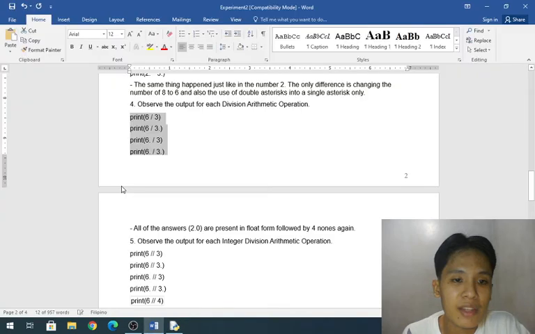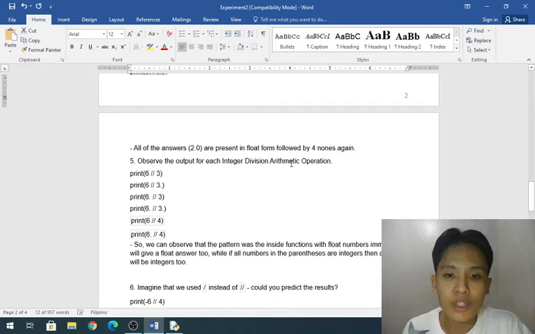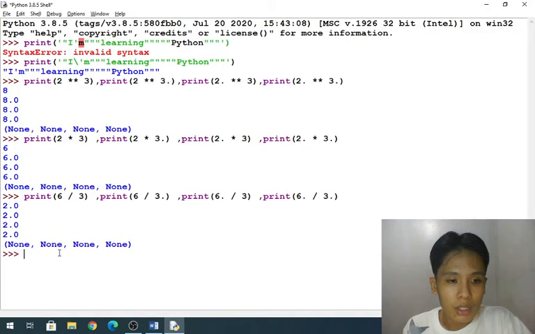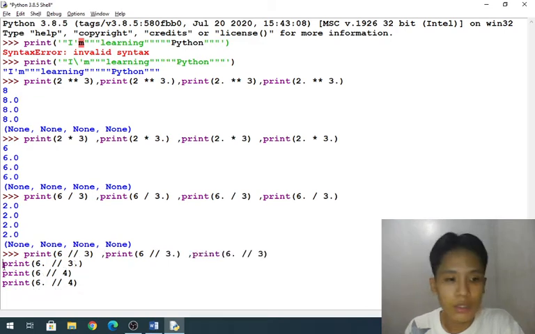Then for the fifth one, observe the output for each integer division arithmetic operation. So let's just copy this, then Control V, just erase.